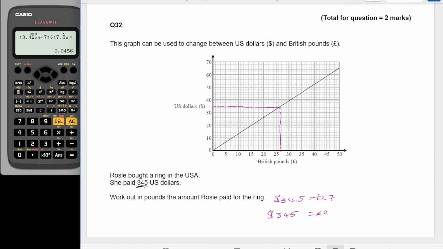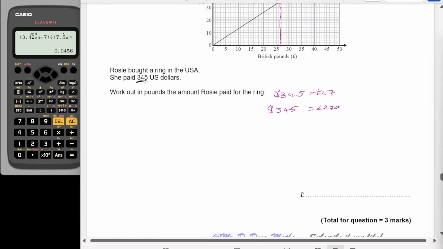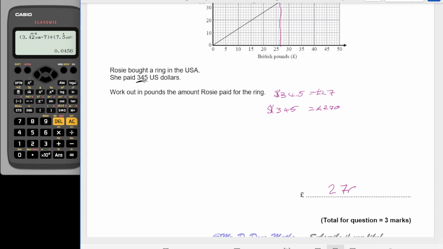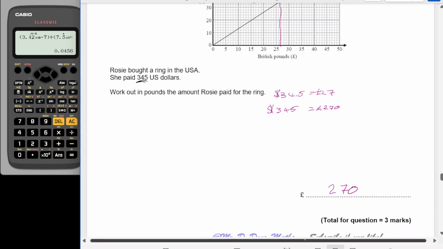Is 270, times by 10. So I'm going 270. Right, let me just check the mark scheme. The mark scheme says anything acceptable between 258 and 275. So we've got quite a range there.